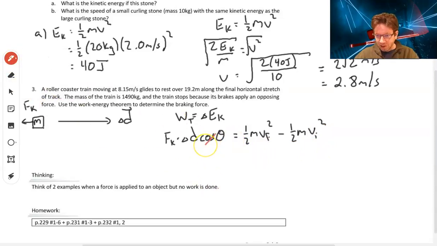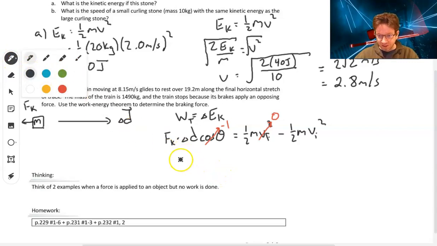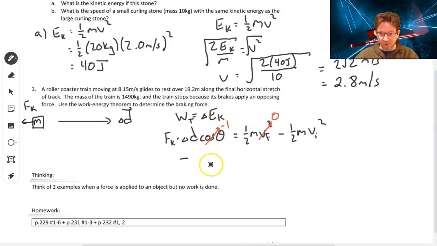Now there are a couple things that we can look at here. One, theta is 180 degrees. They're opposite to each other, so the cos of that is -1. Also, we come to a stop, so we know final velocity is 0, meaning our final kinetic energy is also 0. So this gives us negative, because of that cos of 180, Fk times delta d equals negative 1/2 m vi squared.